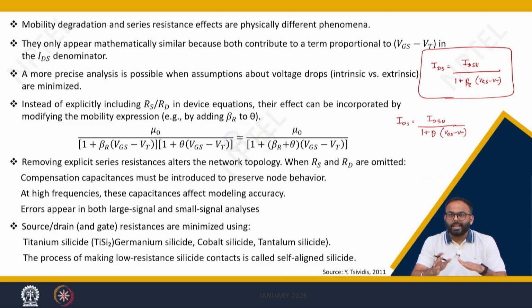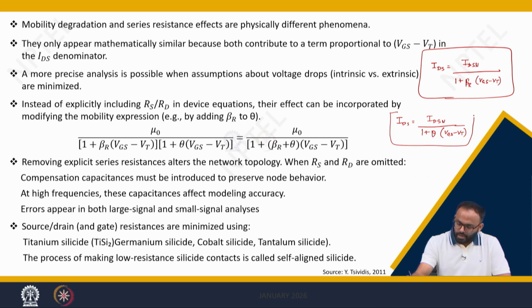However, there is no linkage between the mobility effect and the source drain resistance. So it is incorrect to say that the mobility is degraded because of the source and drain resistances. Though the equation remains the same, the physical meaning is different. That is what is mentioned, that mobility degradation and series resistance effects are physically different phenomena.